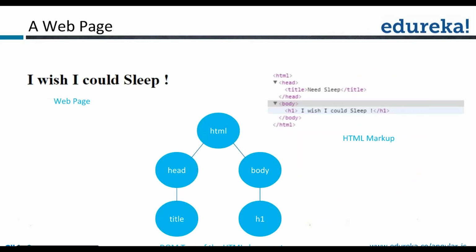This is what we were talking about when we say DOM. The DOM is basically a node which contains all the HTML markup, which is parsed by the browser. The browser understands only HTML tags, and when it reads the HTML, it parses it and creates a DOM tree.